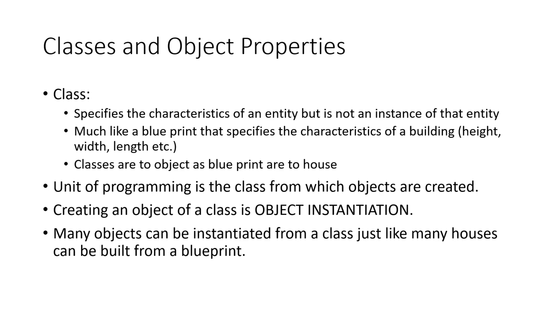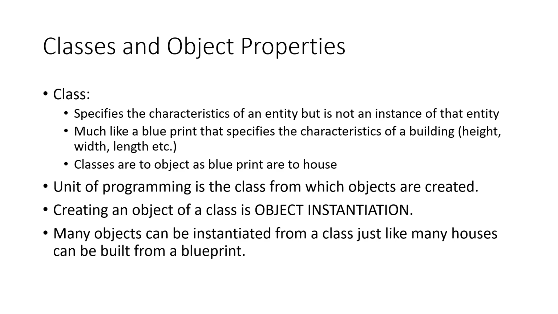Don't forget, we talk about objects as an entity. So it's the class that specifies the characteristics of an entity, but it's not an instance of that entity. And that is why we said the objects are instances of a class.